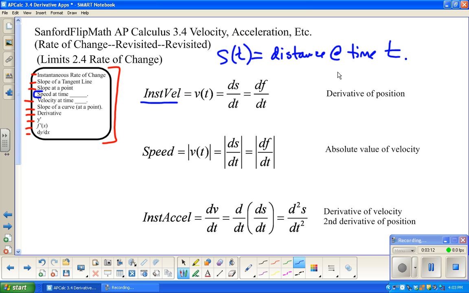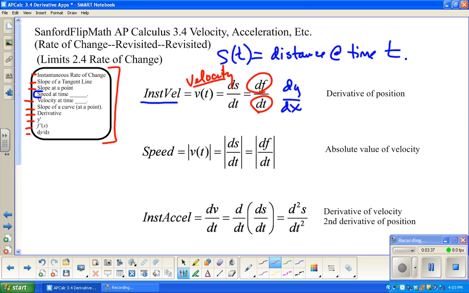Okay. So this is the same idea as dy/dx. It's just, if the function is f of t or f of x or f of something, then it's going to be df. And we're talking about time as the independent variable instead of x.